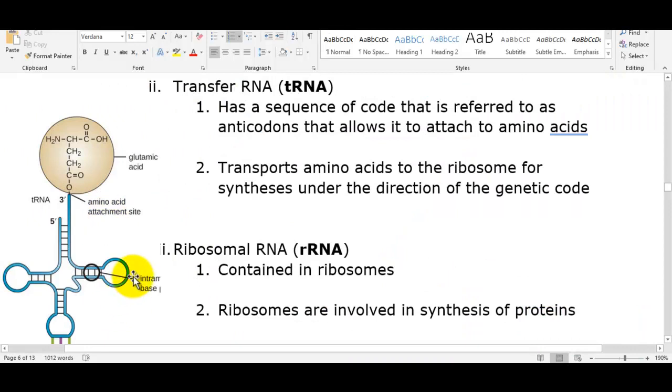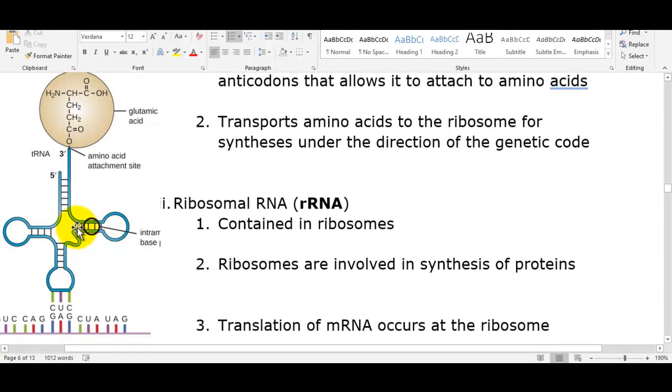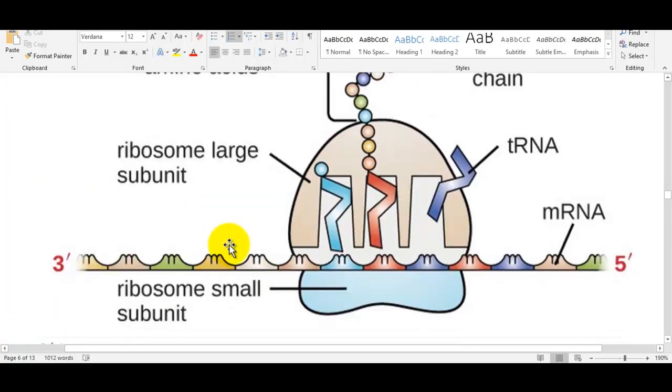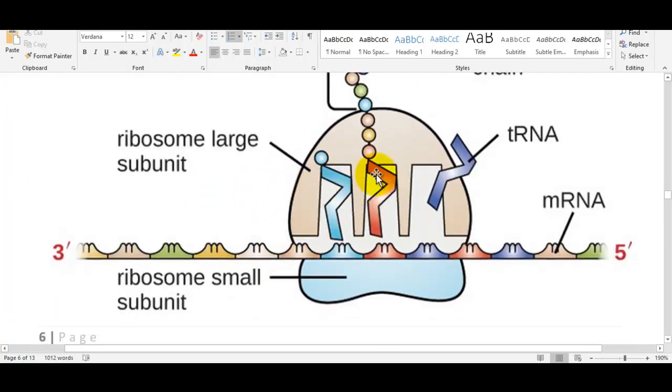That's what transfer RNA does. It makes this little assembly line. It's like the workers that go out and grab the correct amino acid and bring it back to the ribosome during translation. These represent transfer RNA molecules. Here's the strand of messenger RNA, and these are the codons. See the 3s?